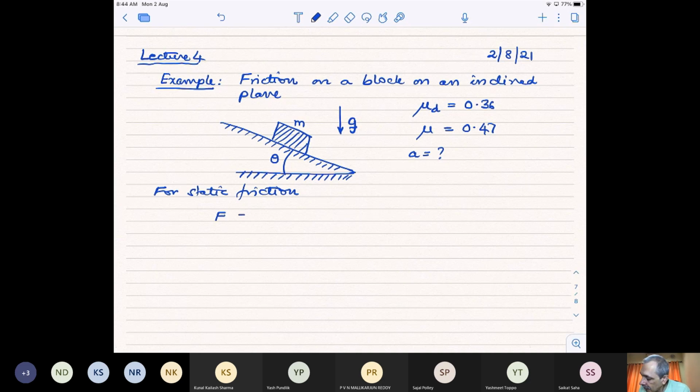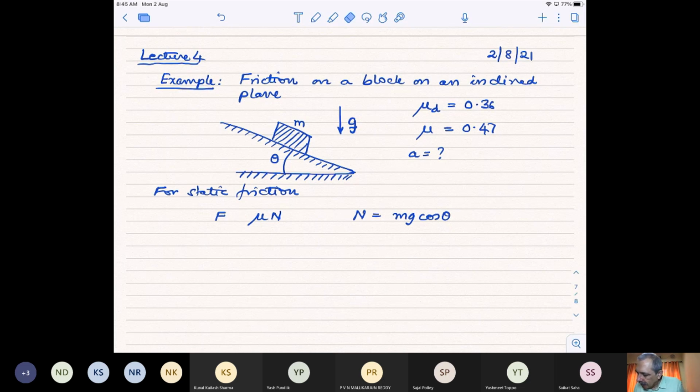That is just going to be equal to mu times the normal force. So if you look at this, the normal force is simply equal to mg cos theta.